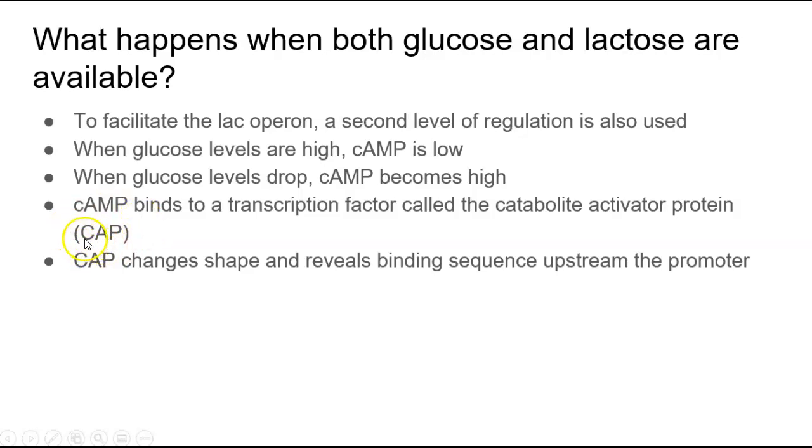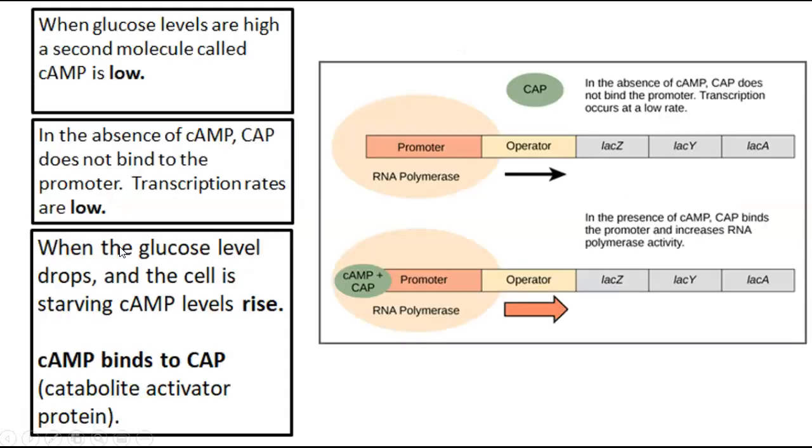which is going to basically give the green light to RNA polymerase. So what we see here is that CAP right here needs to bind to cyclic AMP, and cyclic AMP is going to move here, and it is going to give RNA polymerase the green light to start the process of transcription.